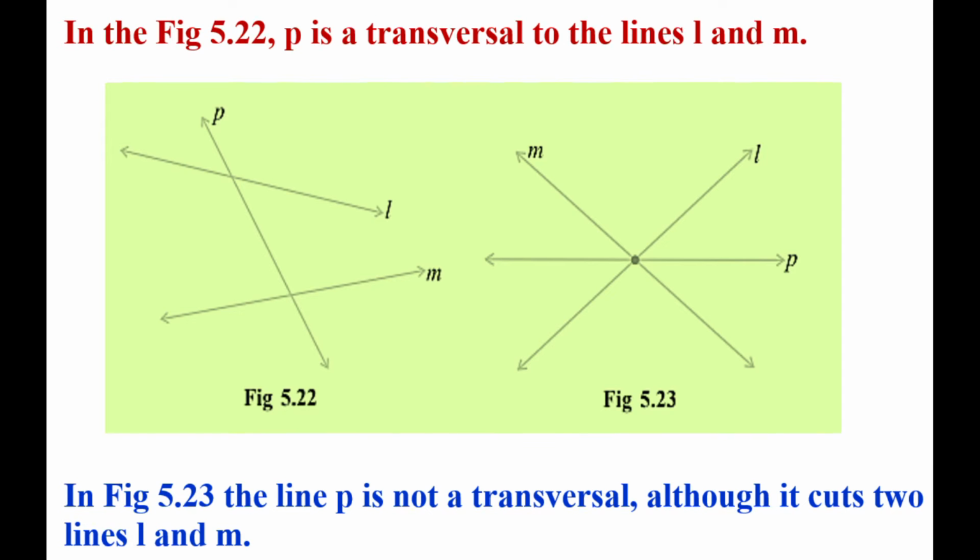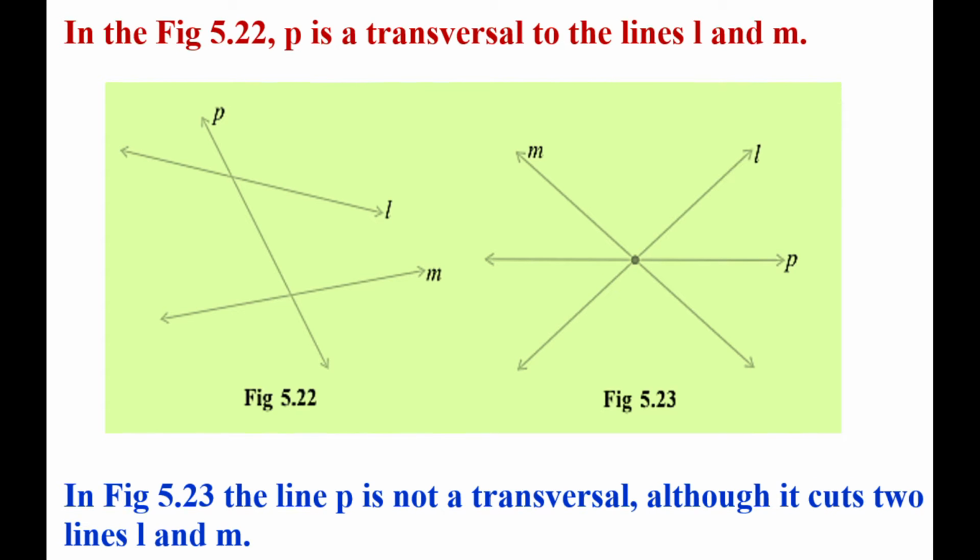You see in the figure 5.22 also, P is a transversal to the lines L and M. Two lines L and M, and P crosses L and M in two distinct points, so P is called a transversal line.